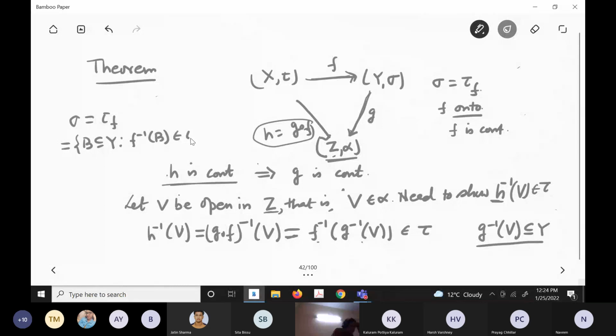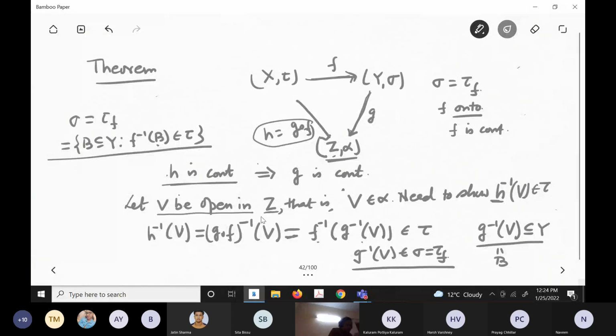This is the idea; I'm using the quotient topology. Now G inverse V is a subset of Y, and F inverse of it belongs to tau, so that G inverse V belongs to sigma tau F by the definition of quotient topology. That is exactly what we needed to prove: V is open in Z, and G inverse V is open in Y. So G is continuous.